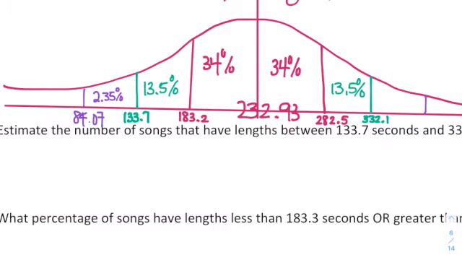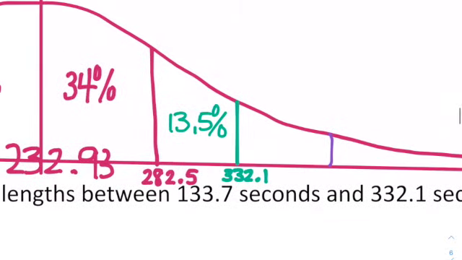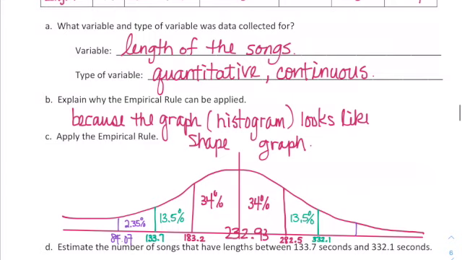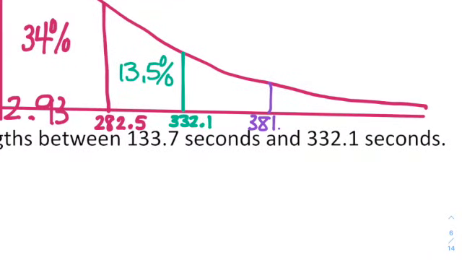And on the other side, we are going to take 332.1 plus 49.63, and that's going to be 381.73.